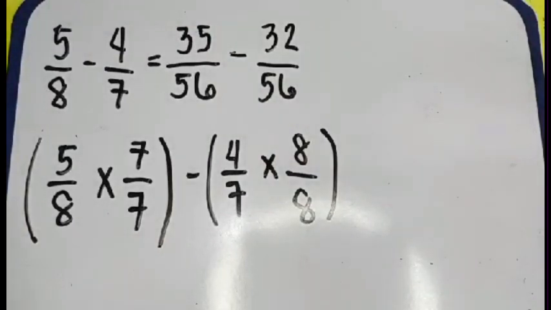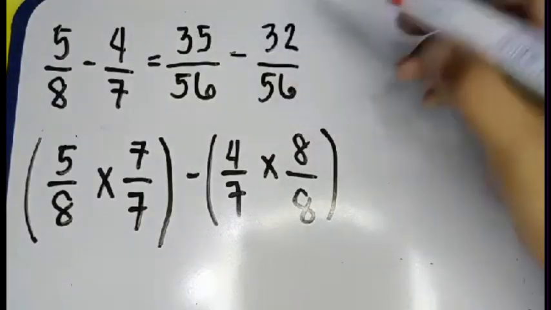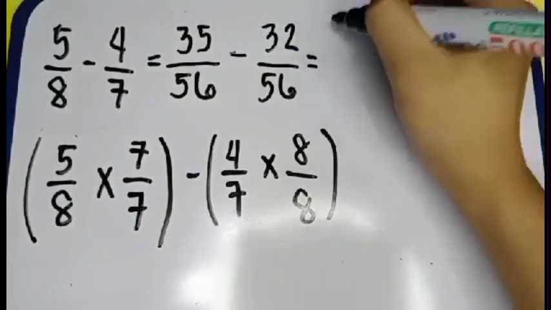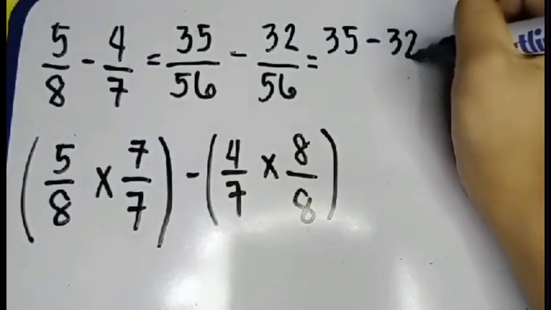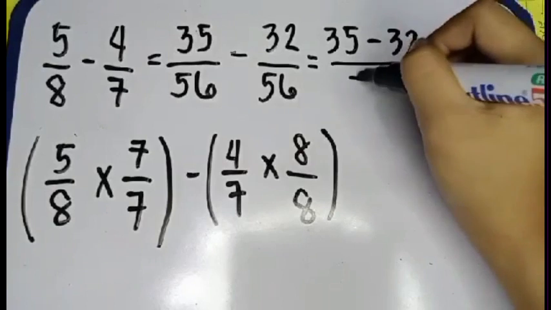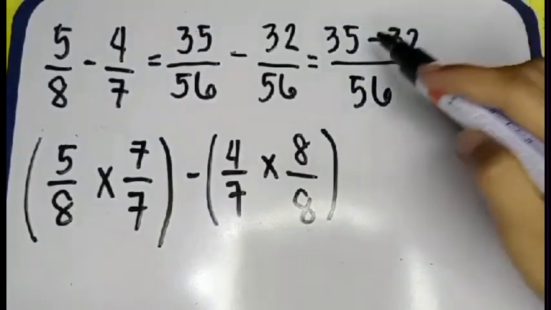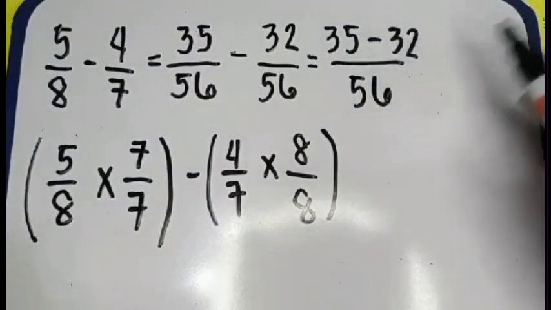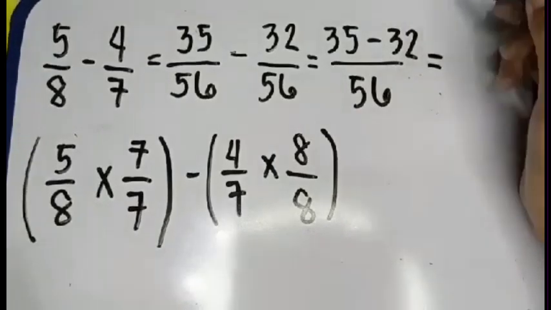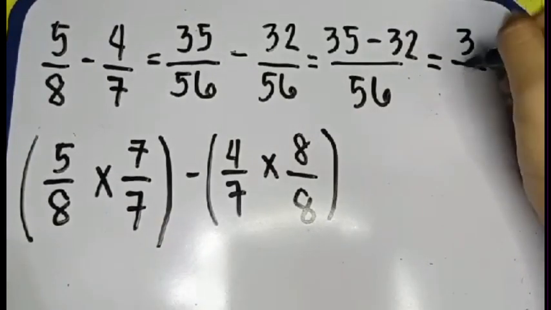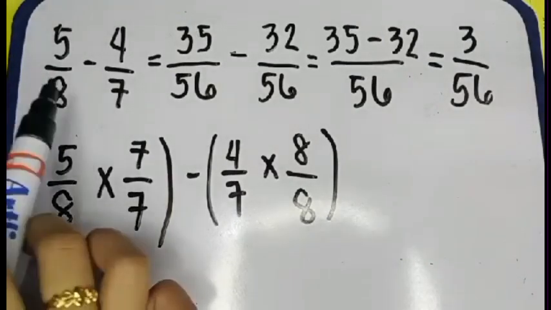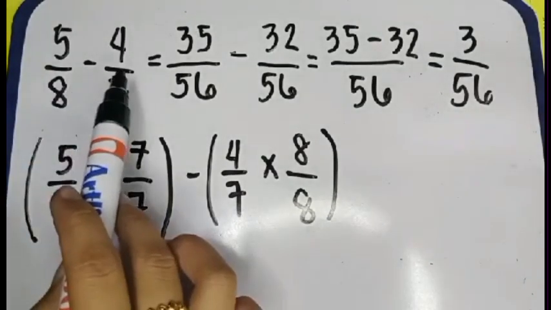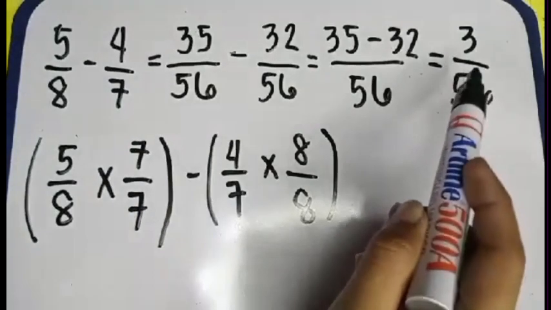So, pwede na nating ipag-subtract ang ating numerator. 35 minus 32, copy the denominator. So, 35 minus 32 is equal to 3 over 56. Therefore, 5 over 8 minus 4 over 7 is equal to 3 over 56.